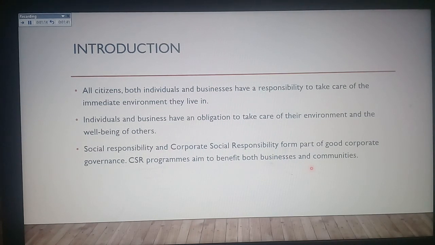So a business that is promoting good corporate governance will be expected, by the community at large and by the law of the country, to show good corporate responsibility. If you want to read more about good corporate governance, you can visit the King's Code of Good Corporate Governance and Ethics. You will find more information there.